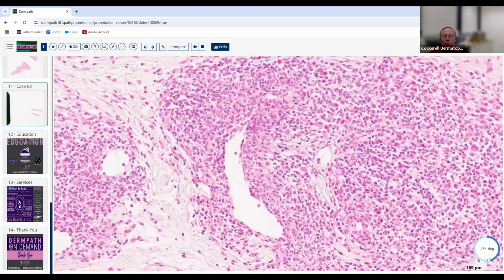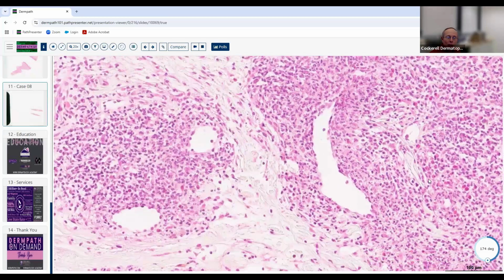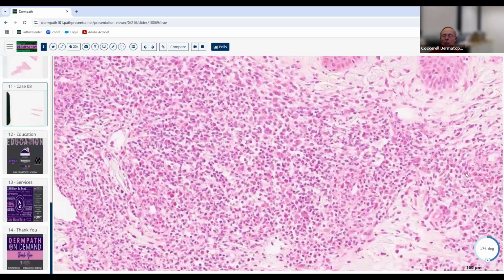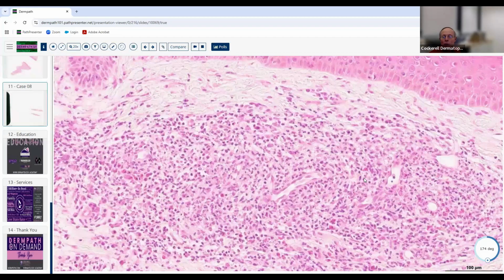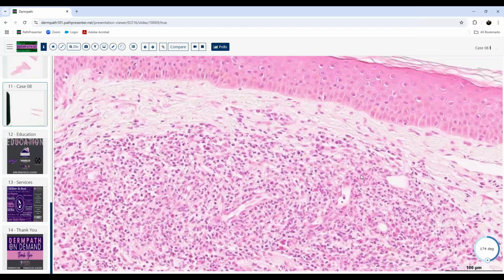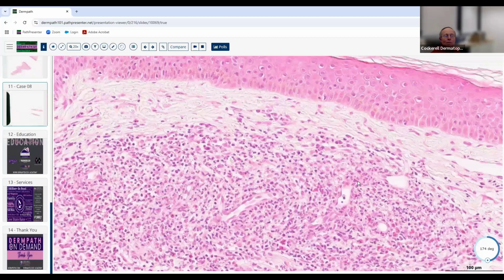Now, what else can you often see in this condition that we're not seeing quite as much here, but there's two other findings that we'll often see in Granuloma faciale. You got a little bit of that right over here. Like a leukocytoclastic vasculitis. Yeah, it's basically kind of a nodular variant. It's not nodular vasculitis like erythema induratum, but it is nodular inflammation with vasculitis. And sometimes you'll see fibrin in the wall of blood vessels.